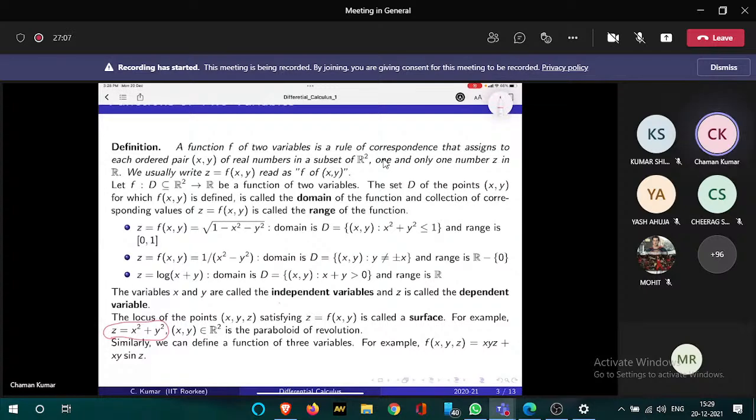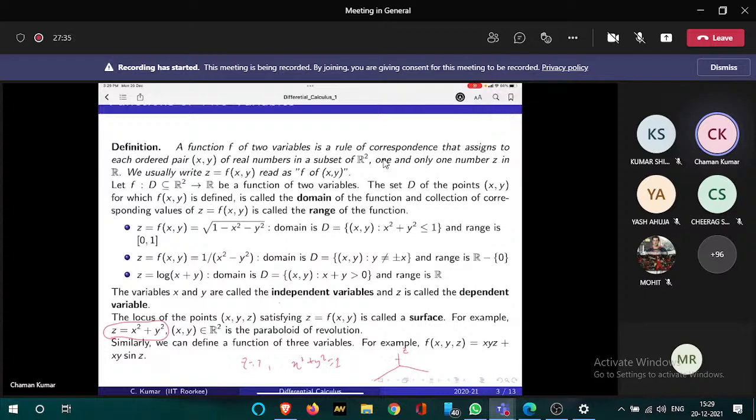Basically you put a specific value of z. Let's say z is equal to 1, so you have x square plus y square equal to 1. This gives you a circle of radius 1 centered at the origin. You can imagine this is your z axis.